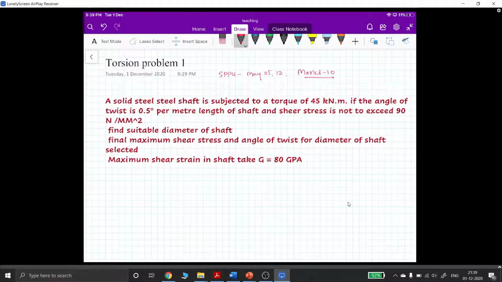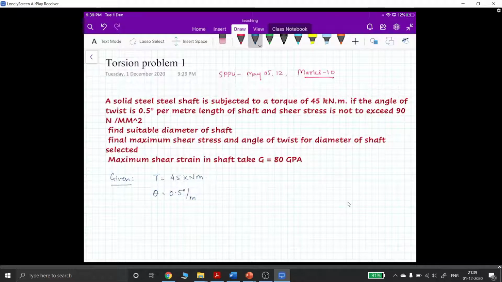A solid steel shaft. So what is the given data? I will write down the given data first. A solid steel shaft is subjected to a torque of 45 kilonewton meter, and the angle of twist is theta equal to 0.5 degree per meter length of shaft.